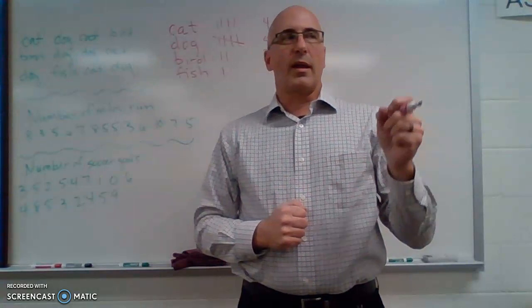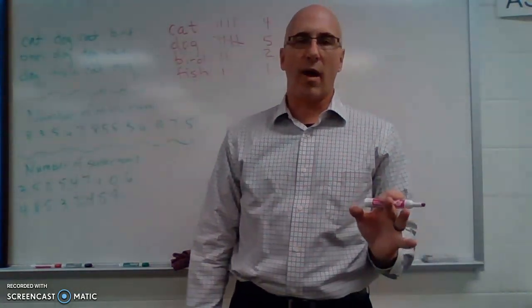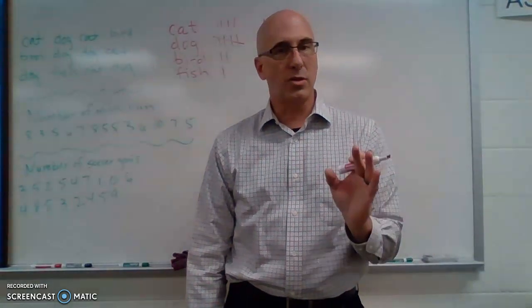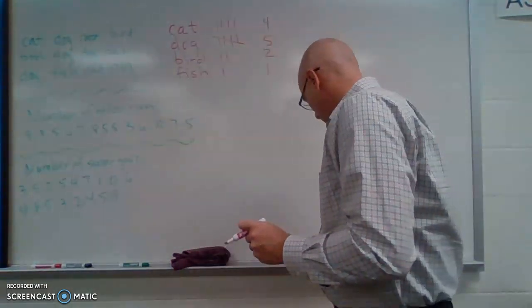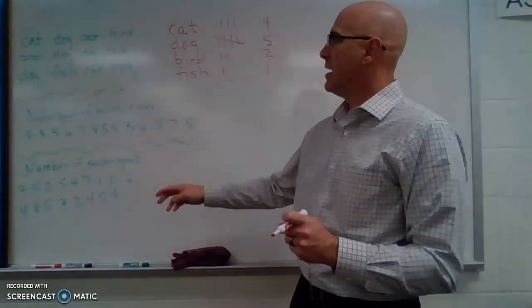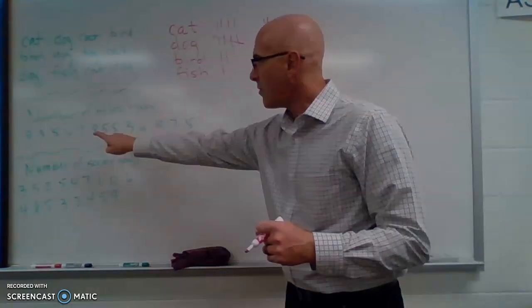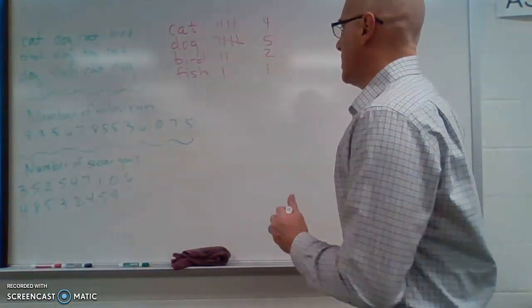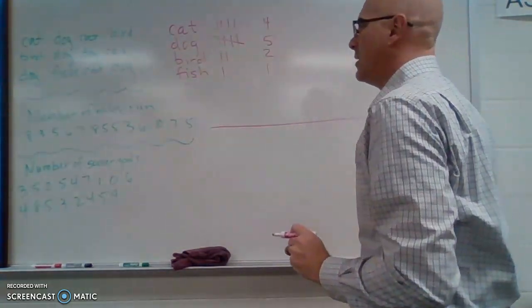The next kind of representation is called a line graph. That is primarily used to represent numbers or the frequency of numbers. Here's how we do this. Say we polled our class and asked how many miles did you run yesterday? And these were all of their answers. So I am going to draw a line.